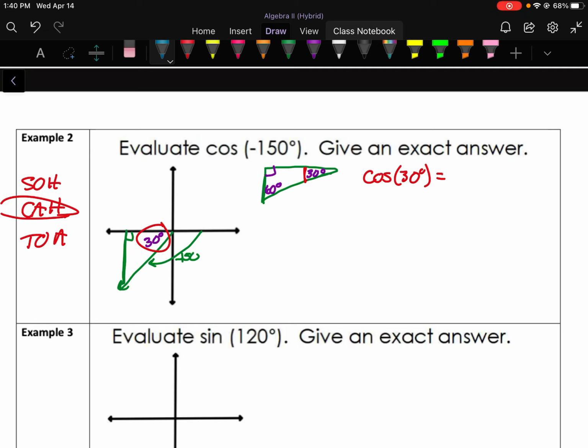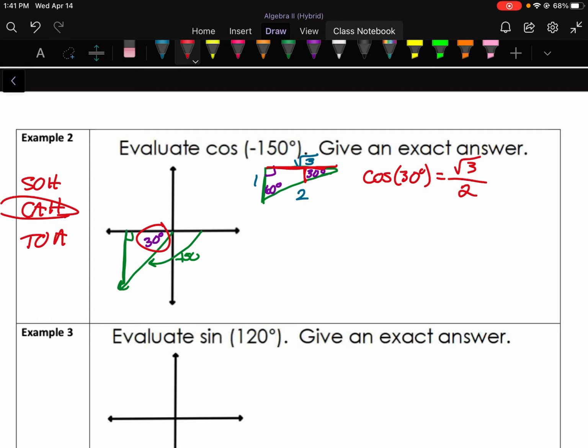My setup is going to be 1, and then we would double it to get the hypotenuse, and then we would take it times the square root of 3 to get the long side. So the setup here would be the adjacent side, which is right here, the square root of 3, over the hypotenuse, 2. So the cosine of 30 is the square root of 3 over 2.